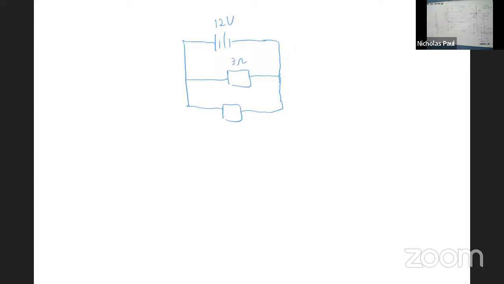Here is 3 ohms, and here is 2 ohms, to make the working simple. Part 1, I want you to find the total resistance. Part 2, find the current in the 3 ohm resistor. Try that on your own first. I'll help you.